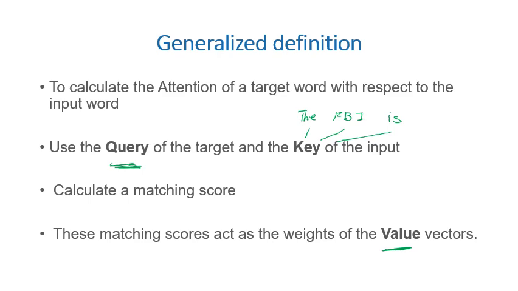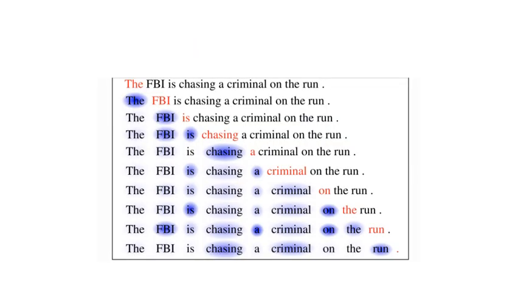Now, it might be confusing that chasing was query and chasing was value. So basically each word is query, is key, and is value. As if we have three different representations for each word.